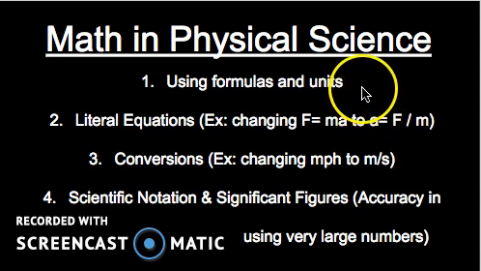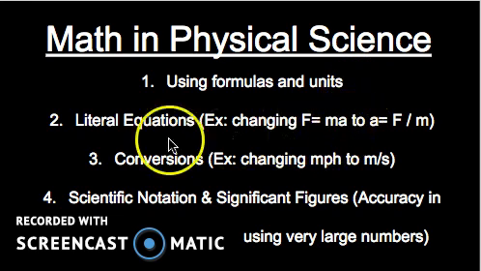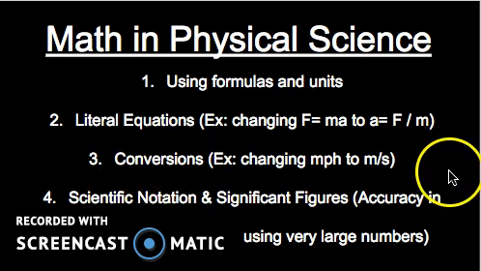And we should have a separate video for formulas and units and a separate video for literal equations so you can practice what you are weakest at. A third video will be on conversions. Now you have done this before, changing, for example, millimeters to centimeters or centimeters to meters. You've probably worked a lot with the metric scale before. But in physical science you will have measurements or data that's not always in the metric scale and it's not always in the standard unit.